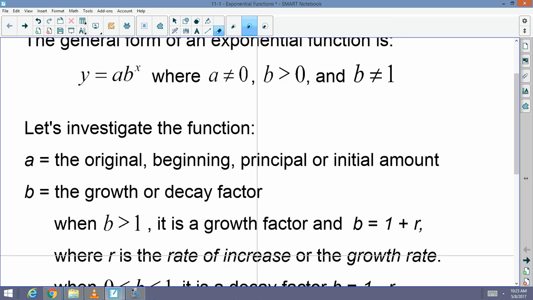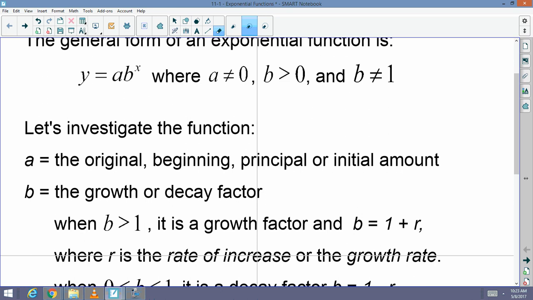Well, there was an original amount of that fossil. That would be your a. Or if you're going to put money into a bank account and they're going to pay you interest and you deposit $3,000 to start with, that would be your a, your initial amount, your principal, what you started with.